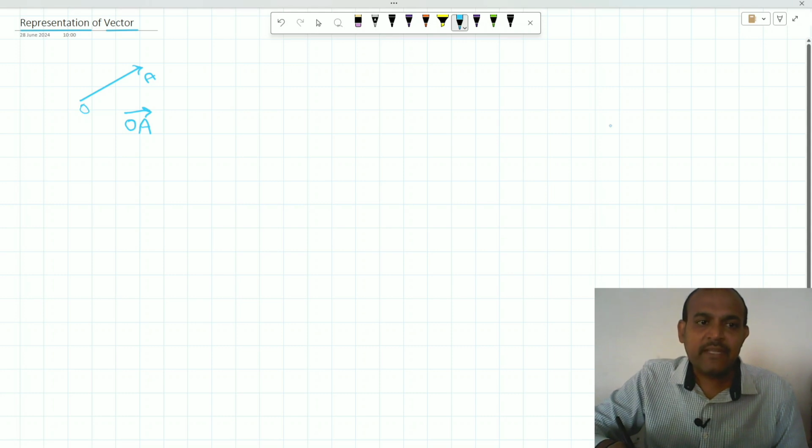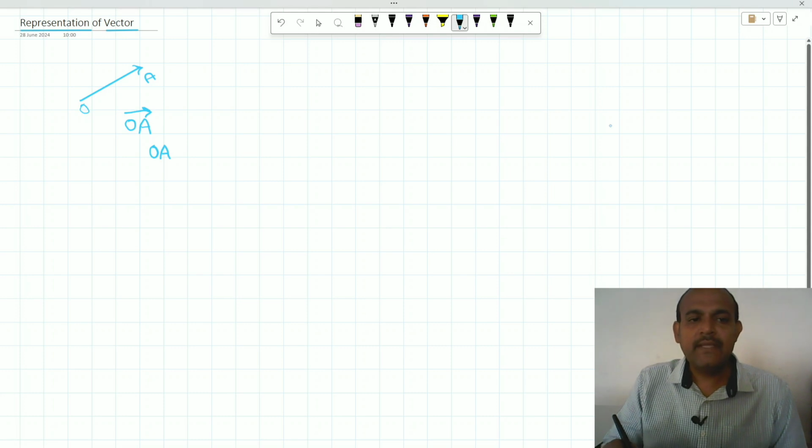On top of the notation OA you indicate an arrow. This arrow indicates it is a vector. In some textbooks it may be given as OA in bold letters. If OA is indicated with bold letters, it is still called a vector.